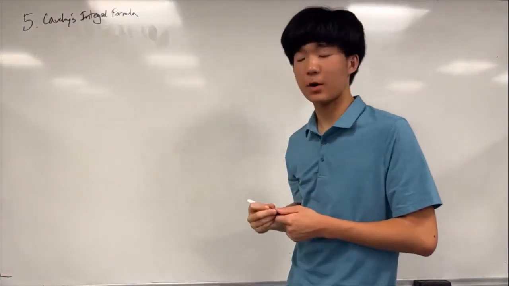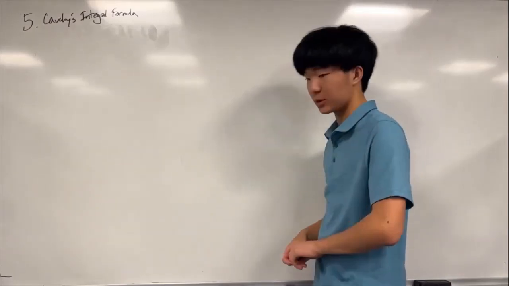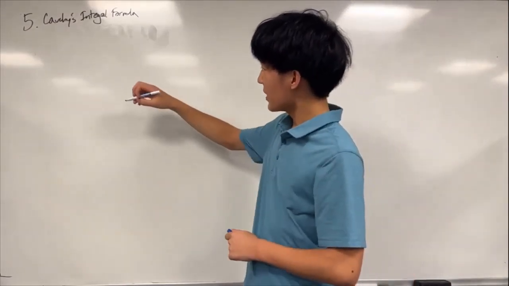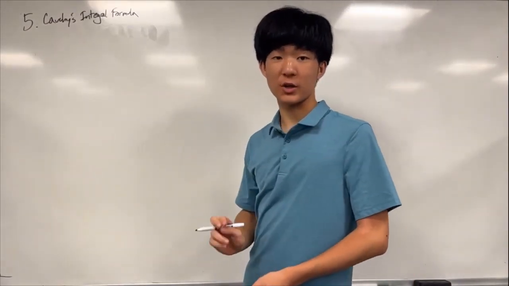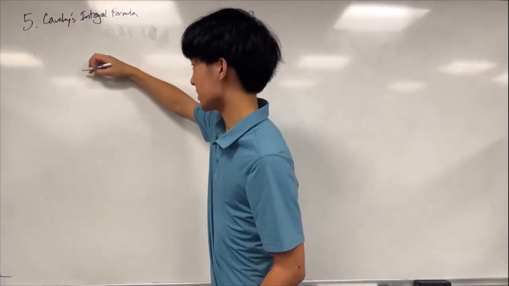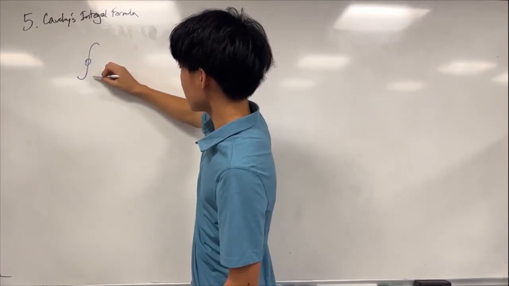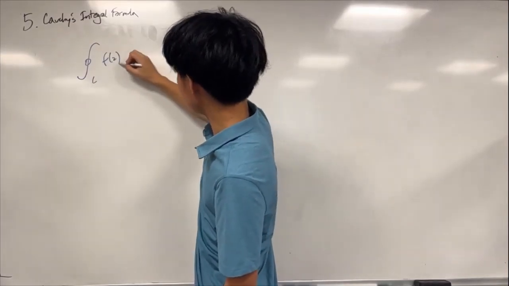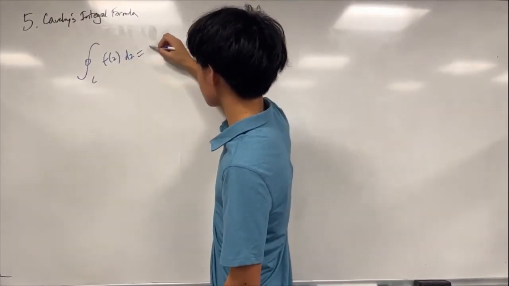So to recap our previous section, we proved Cauchy's integral theorem, stating that for a holomorphic function f of z over a region bounded by some contour C, the integral over C of f of z dz is just 0.